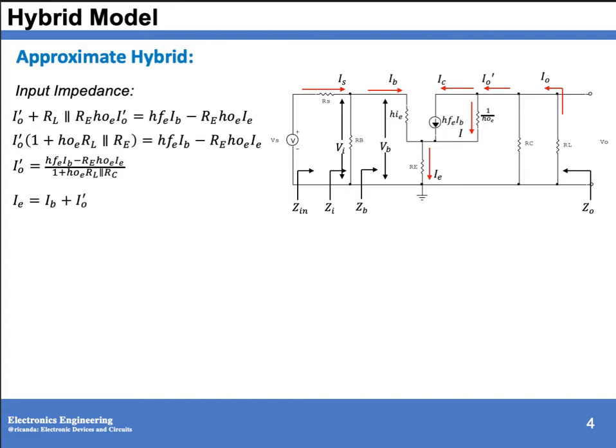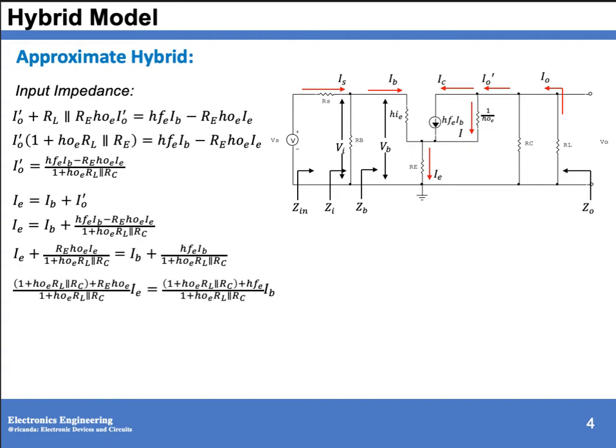Then our IE equals IB plus IO prime. Remember, IE equals IB plus HFE IB plus I, but IO prime equals HFE IB plus I, so we can write IE equals IB plus IO prime. Then we substitute this equation of IO prime into IE, combine all IE to the left side, get the common denominator of both sides and cross multiply. So this is our equation of IE.